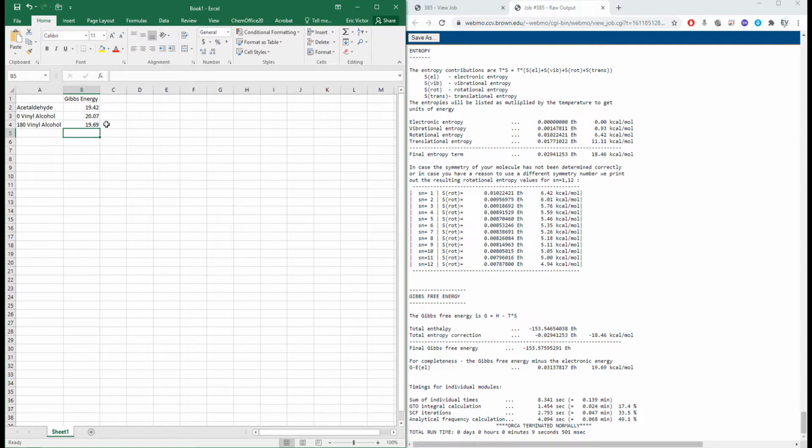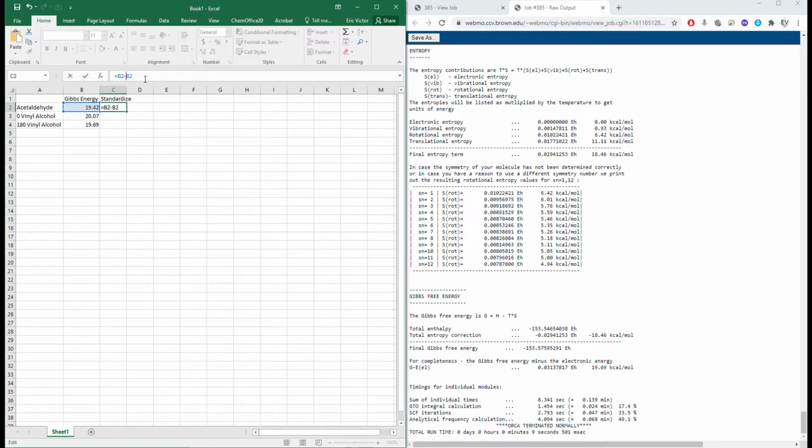Now, if we're going to be presenting this or showing any kind of comparisons, we can standardize it. For the most part, it makes the most sense to standardize to the lowest one. Looking at this, we can see that acetaldehyde is the lowest. So we simply do the value that we have minus the value that we're standardizing to.